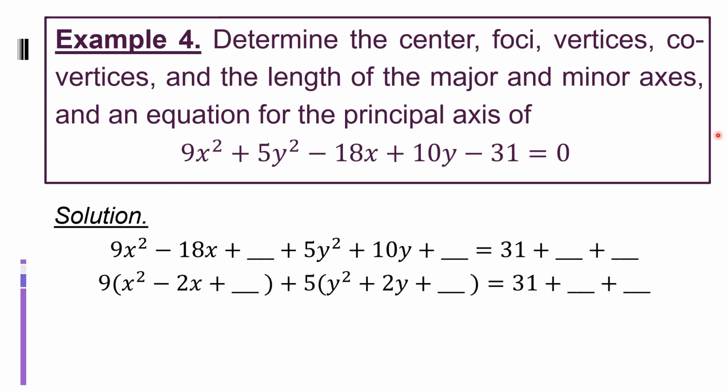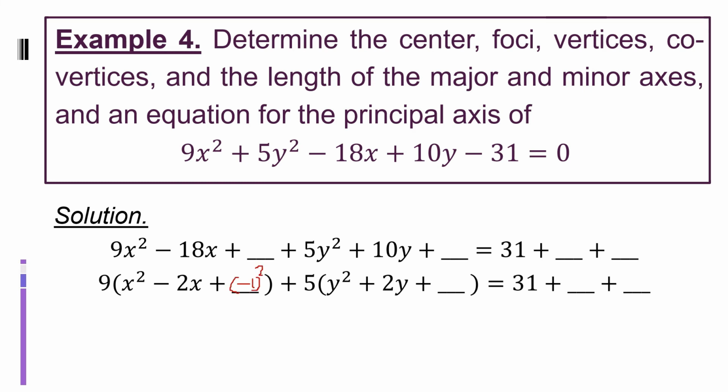So, ilabas natin yung 9 doon sa ating x's. So, we have 9 times x squared minus 2x plus blank. Plus, ilabas natin yung 5. We have 5y squared plus 2y plus blank is equal to 31 plus blank plus blank. By completing the square, ano ba yung ilalagay natin dito? We have negative 2 over 2 is negative 1 squared.